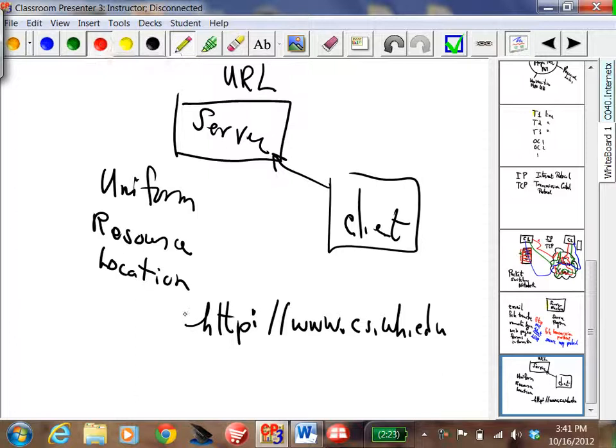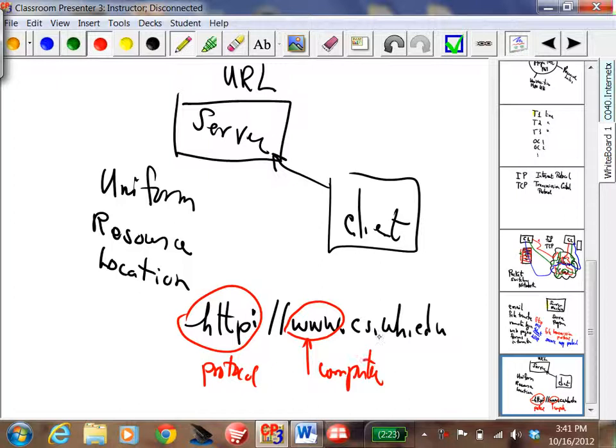So this over here is the protocol. This is the computer that handles the web pages. Okay, it's a web server. And then these are directories inside the web server.